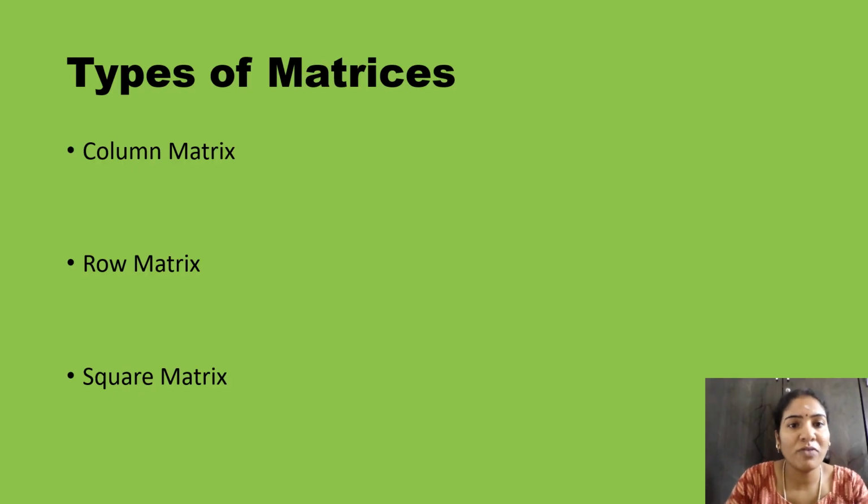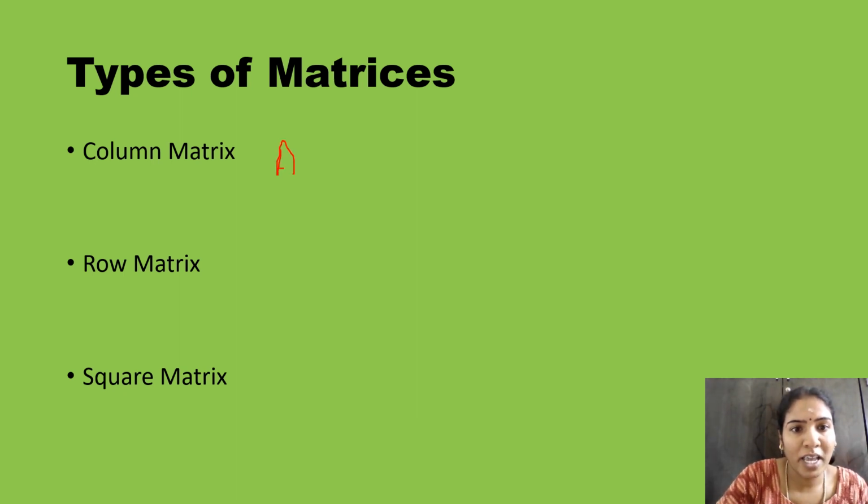Before proceeding with these types of matrices, we need to just recall what a matrix is. A matrix is usually represented with a capital letter and enclosed with a square bracket. Inside the square bracket we will have the elements. Now I will give you an example of a matrix.